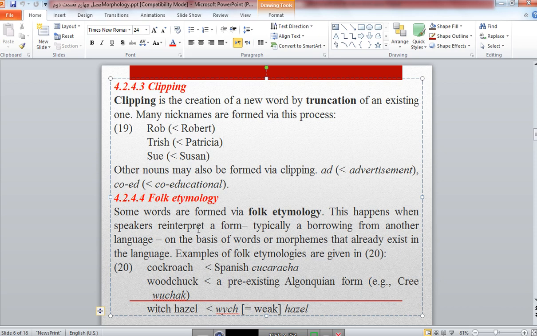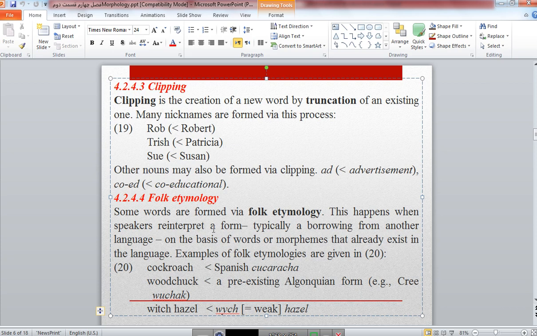We call it folk etymology, which is based more on borrowed words and reanalyzes that word according to the phonological rules of our language, so we can produce it and pronounce it correctly. So this is folk etymology, as you see here.